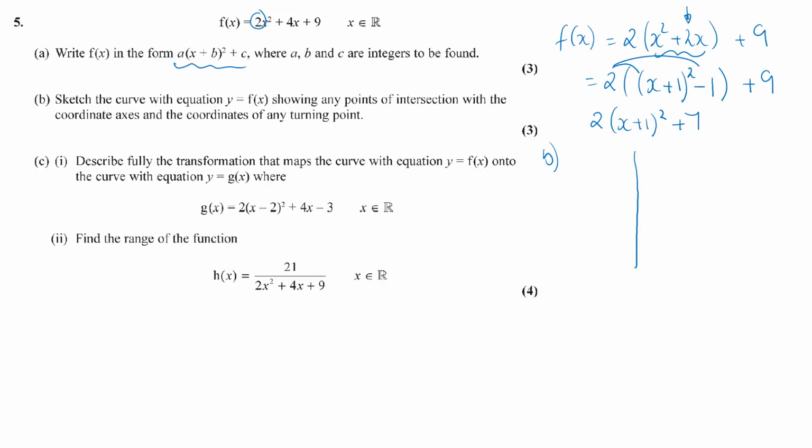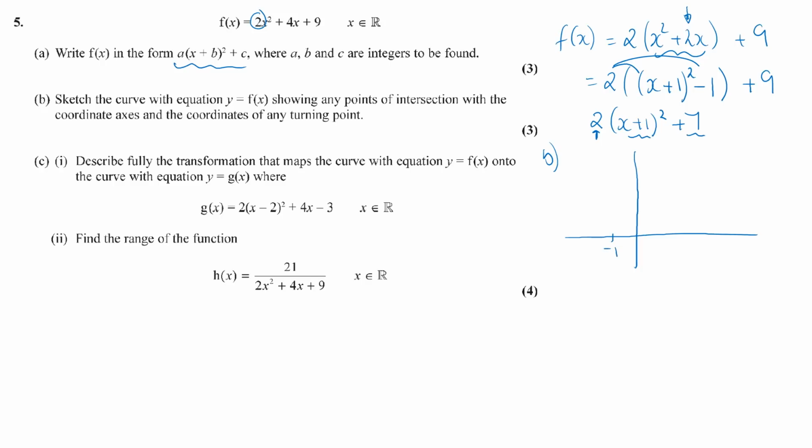So in part B, it's asking us to sketch the curve. So this is all about transformations of graphs. This +1 in the bracket means that the x squared graph has gone 1 to the left, and then this 7 means it's gone 7 up in the y direction, and then this 2 is going to be a stretch, but it's not going to really be involved in sketching it.